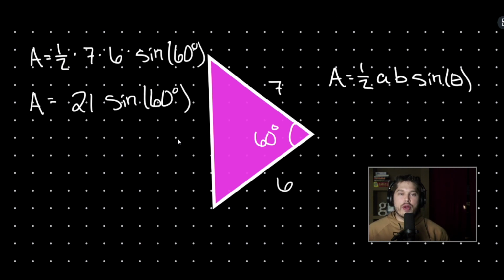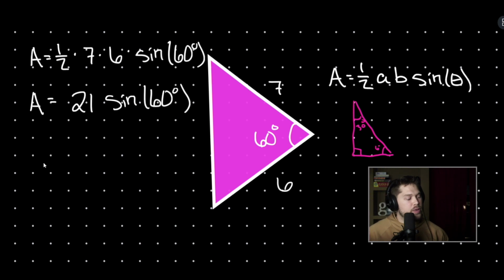Now we need to determine what the sine of 60 degrees is. And in order to do this, we can think to our special right triangles. So let's draw a special right triangle such that this is 30 degrees and this angle down here is 60 degrees. You know what?